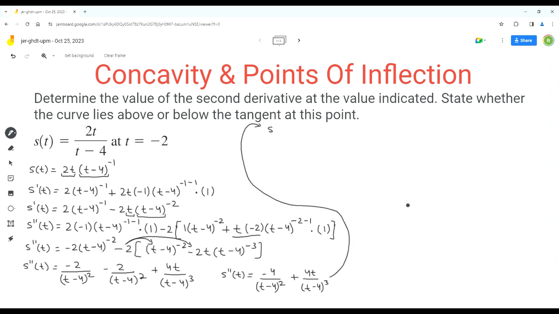So we get the second derivative of s at -2 equals -4. Now we can simplify this expression.